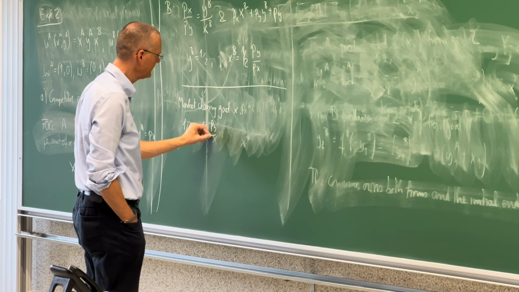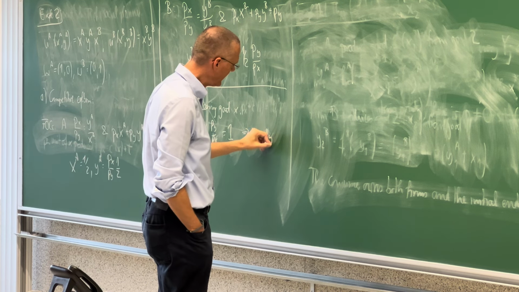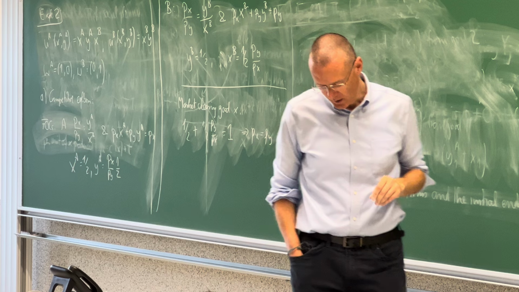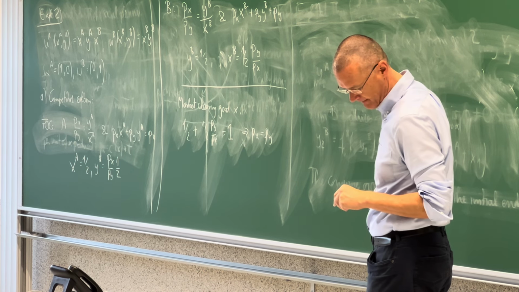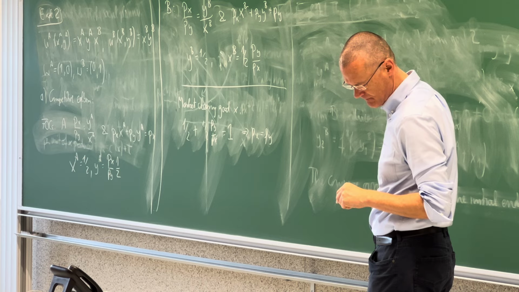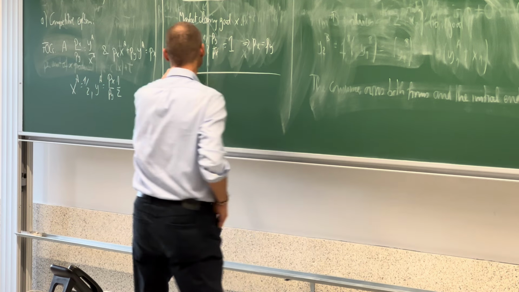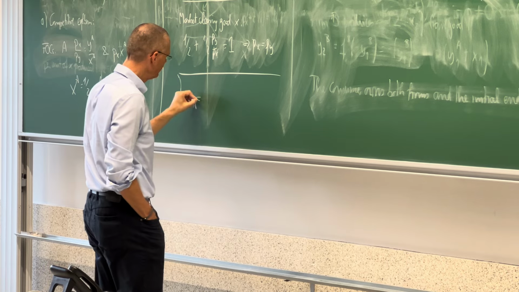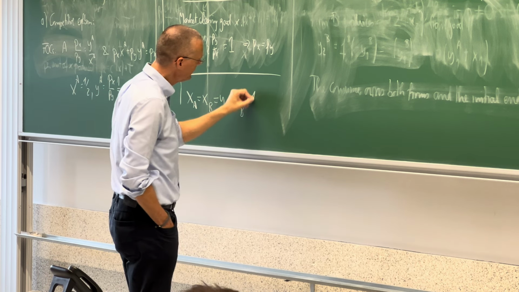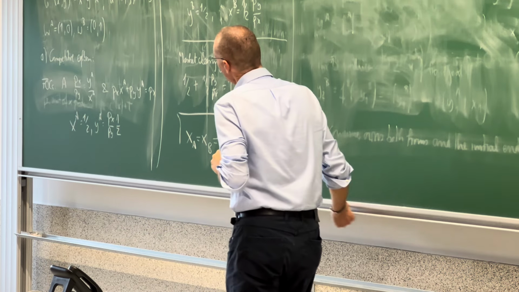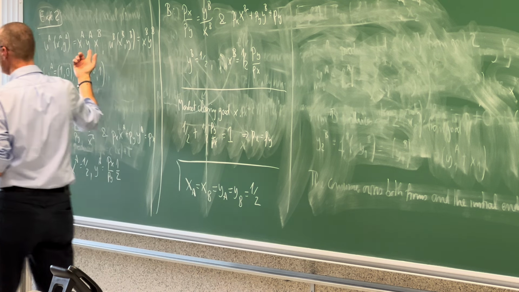Y over X is equal to 1, and we get PX equal to PY, and both consumers consume half a unit of each of the two goods. YA equals YB equals 1/2.